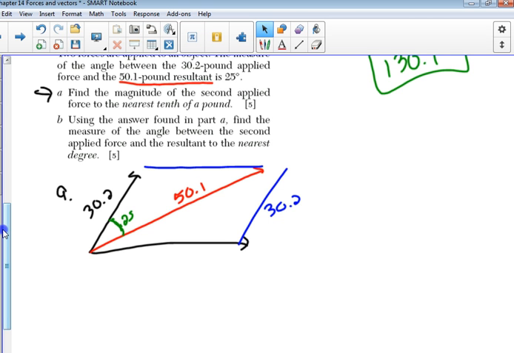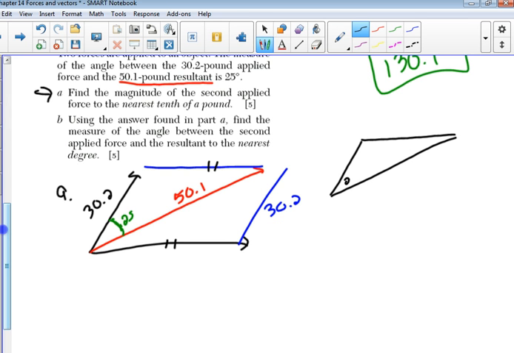If you take a look at the little triangle here, what's going to be the same thing as the bottom? The top, nice, Adam. So this is 25, this is 50.1. You know that this is 30.2, and we don't know what this is. How could we handle this?